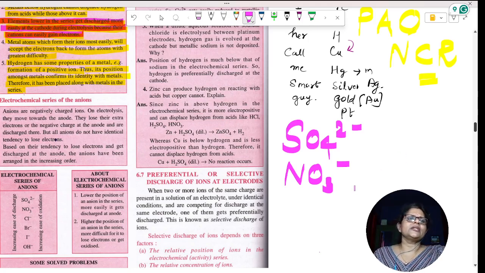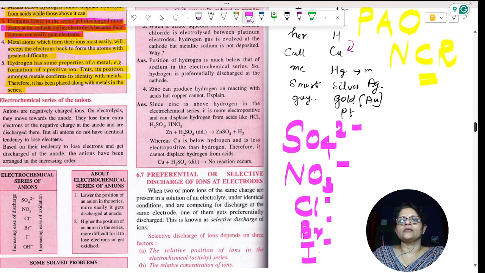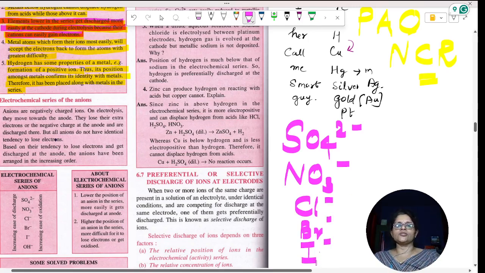Otherwise, there are only 6, and you need to remember the order. Then comes chlorine, then bromine, and then iodine. Chlorine, bromine, iodine is the series which is there in the periodic table as well. So, SO4 2 minus, NO3 minus, Cl minus, Br minus, and the last is OH minus.